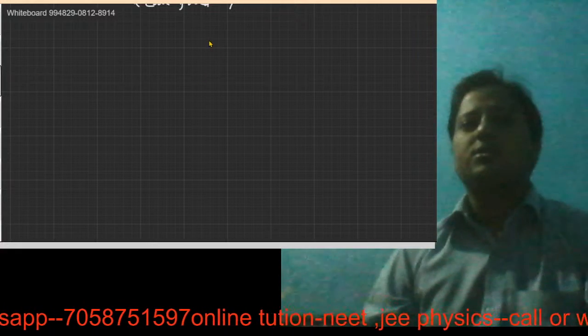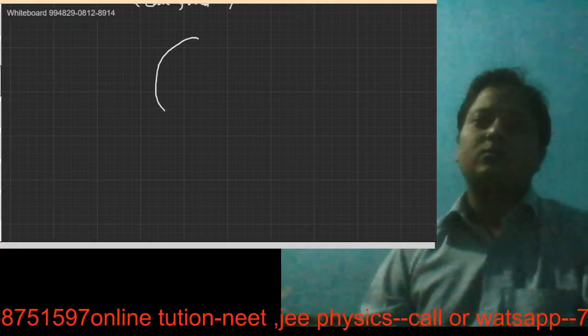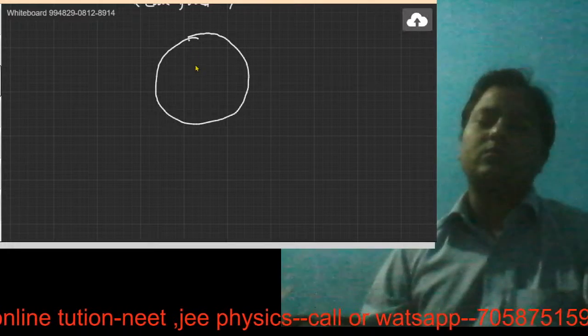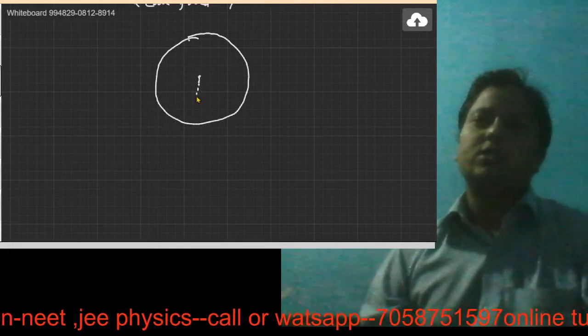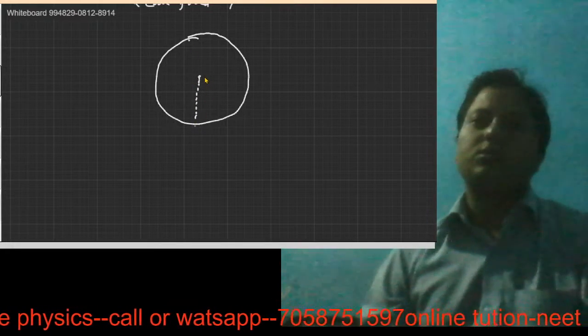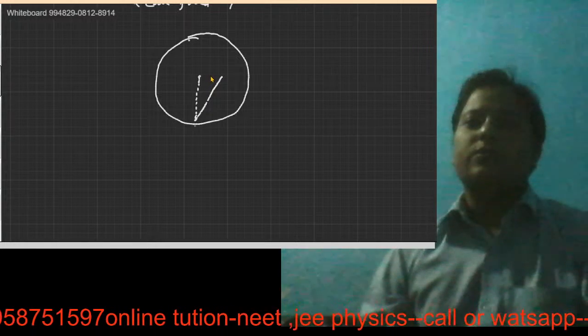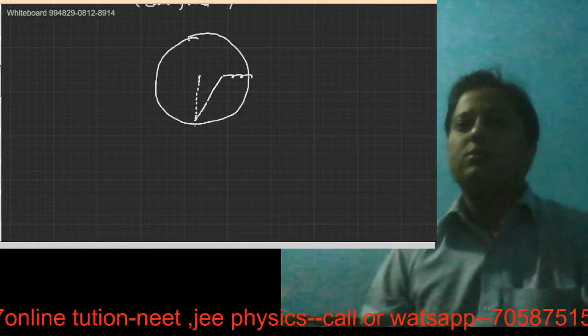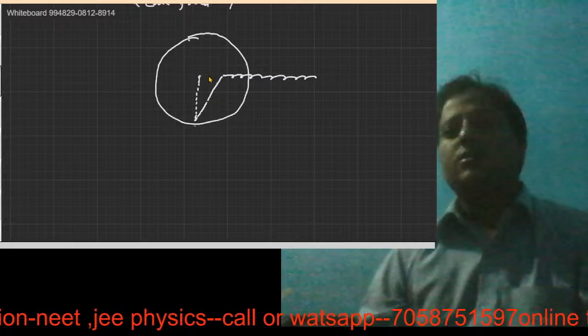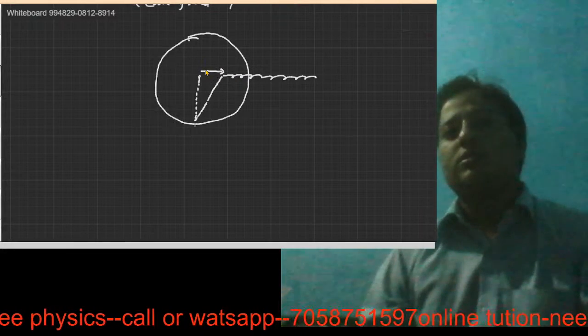So in this case, this is the initial position of the center. Now the center rotated by some angle theta, so that now the spring becomes compressed by some length.